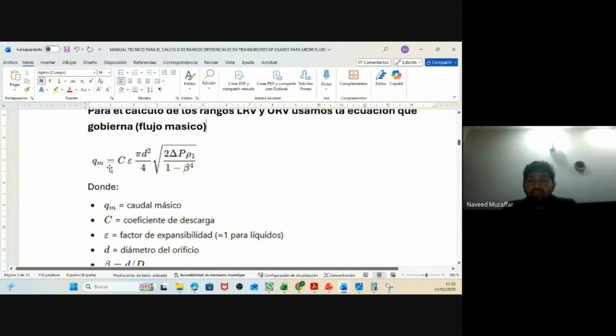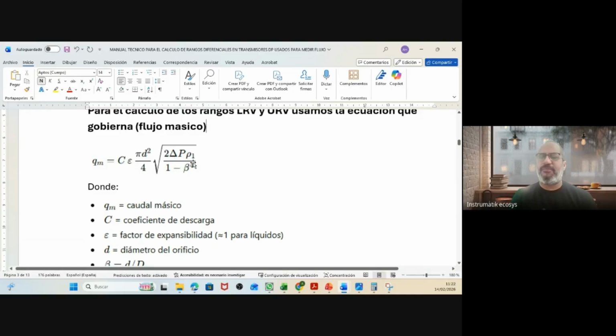Then all you have to do to know the flow in any instance of the range is just have these values and do the mathematics, the physics. Let me remember.